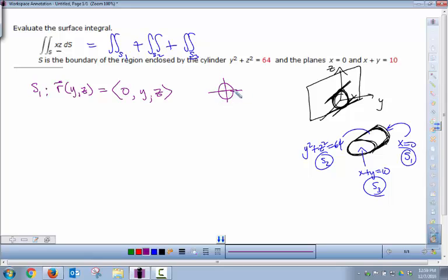And instead of trying to find the equation of the circle and then saying it's from minus square root of this to square root of that, we could just draw this because we'll assume that we're going to move over to some sort of polar coordinates. And I think this has a radius of 8.